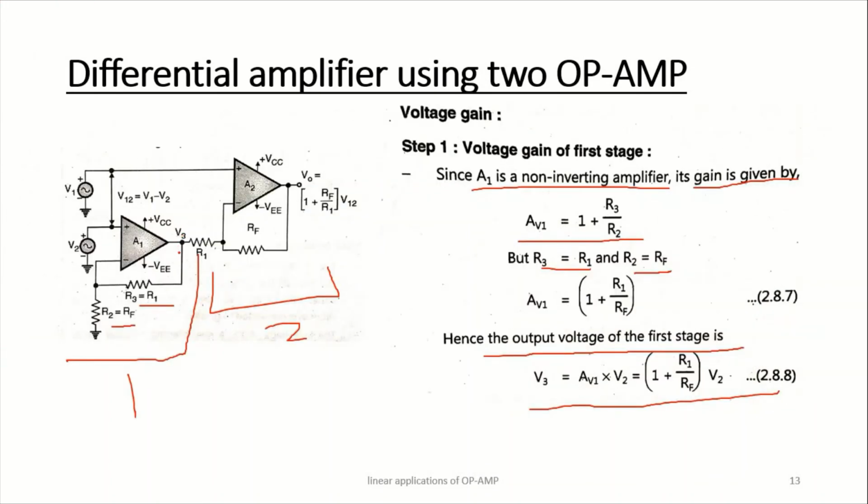V3 means this and V12 means this. At one time only one voltage source is applied, meaning when V12 is applied, V3 is absent, and when V3 is applied, V12 is not present.